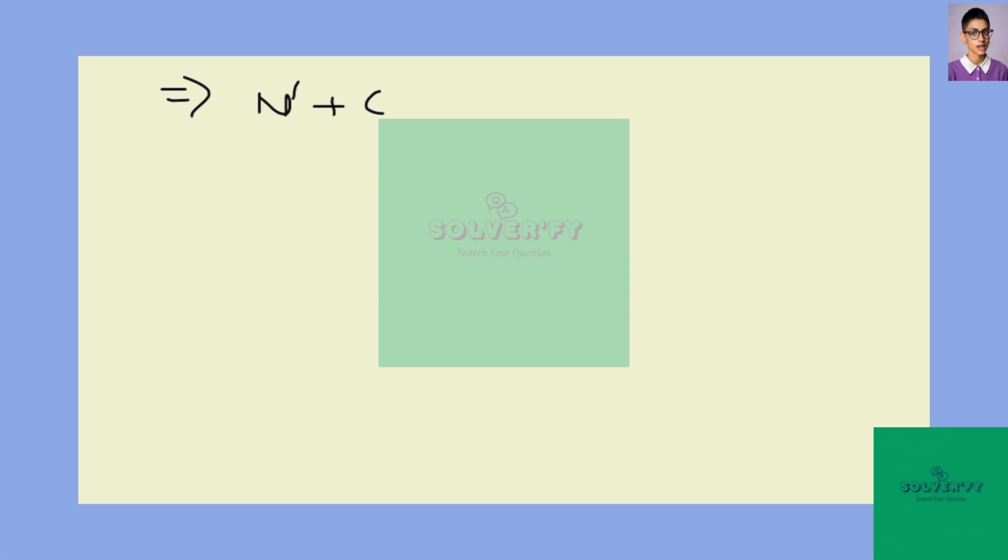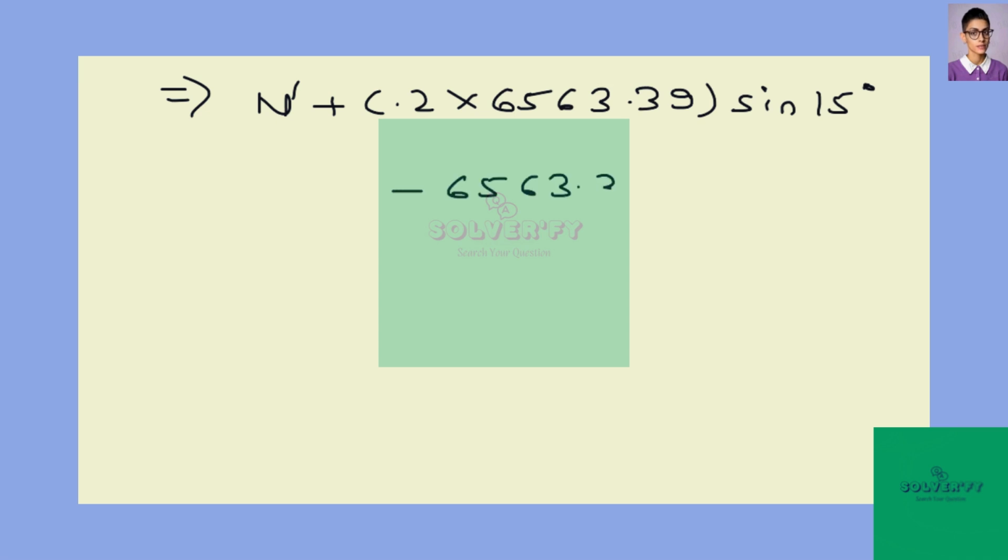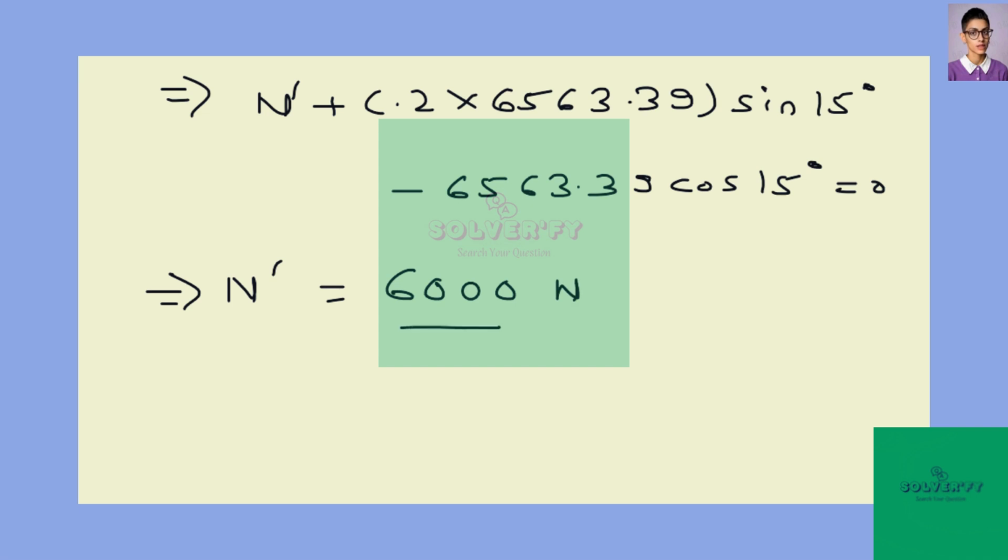So we have N dash plus 0.2 into 6563.39 sin 15 minus 6563.39 cos 15 is equal to 0. On solving, we get N dash is equal to 6000 Newton.